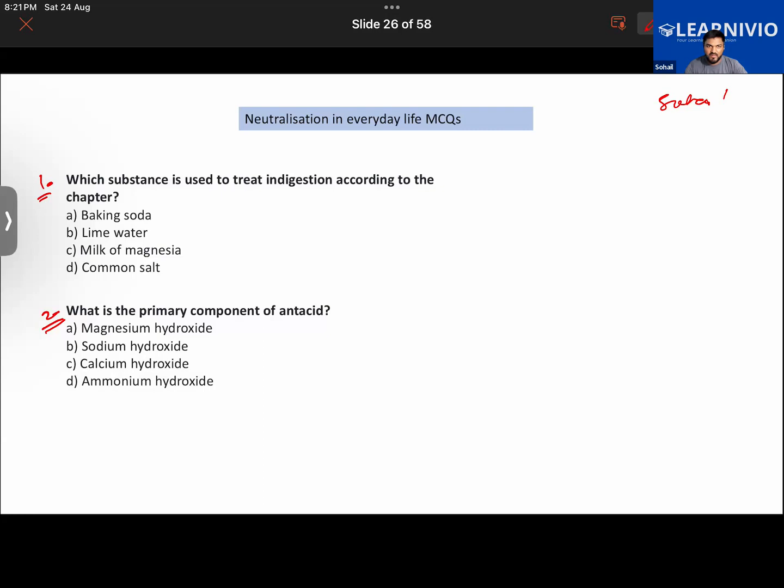Yes, Abu Bakr, you haven't been answering. What is the primary component of antacids? So answer this one also. Although all of them are bases, not all of them are used to prepare antacids. Antacids are basically medicines that give you relief from acidity or indigestion. So that is what antacids are.